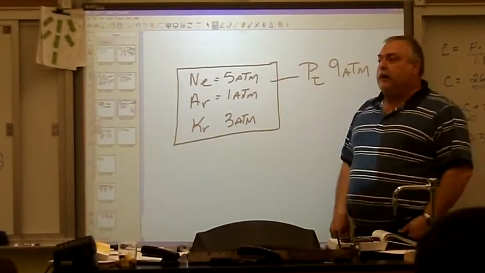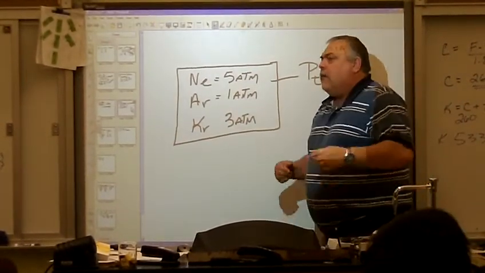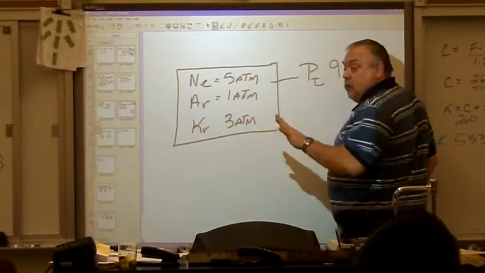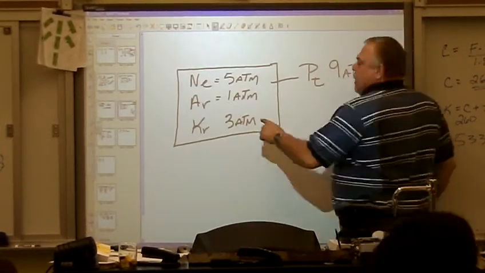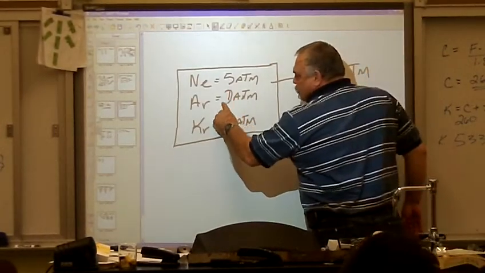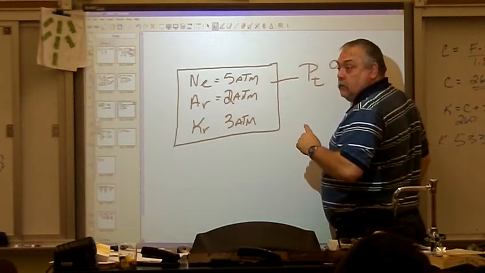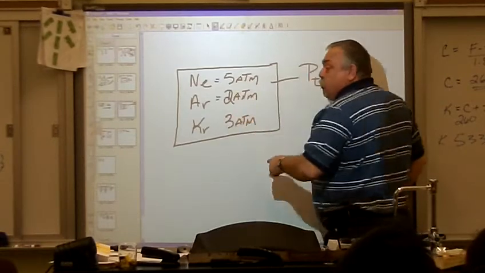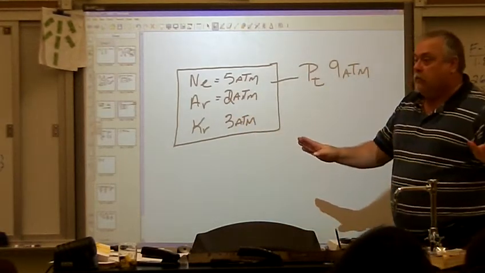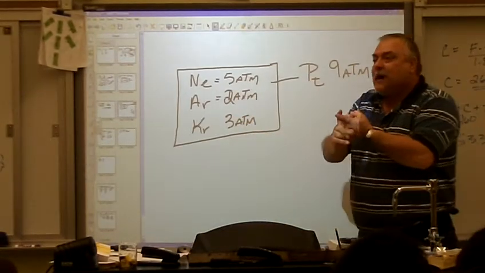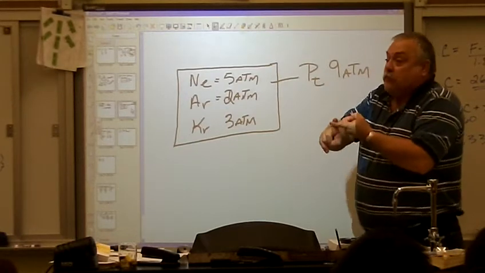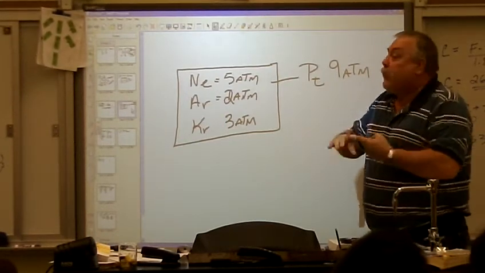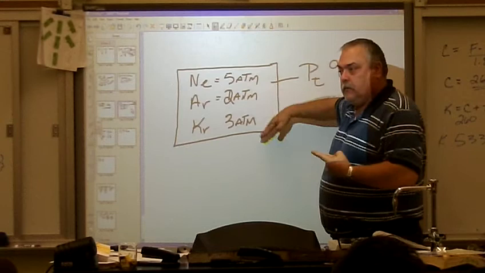Now, I will tell you this. If I were to change the pressure of this to 2 atmospheres, this pressure and this pressure would not change. The pressure caused by the neon gas is just the pressure caused by the neon gas. They're independent of one another.